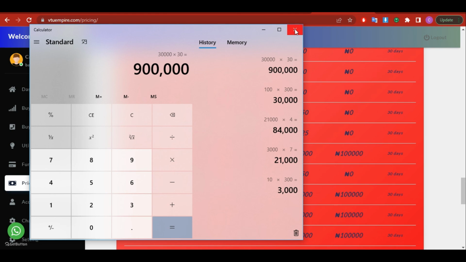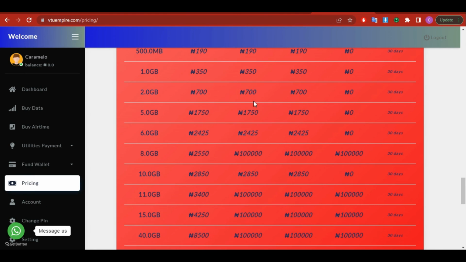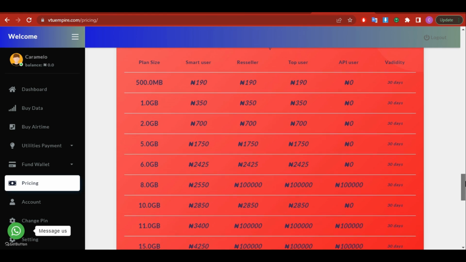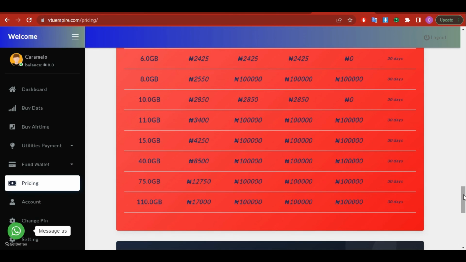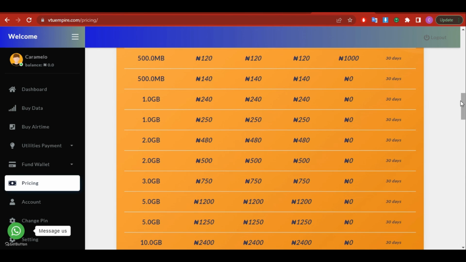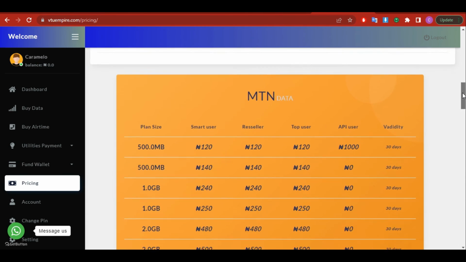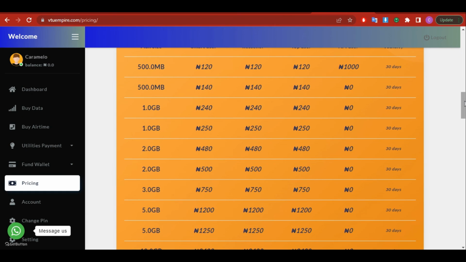So if you'll be making this figure at the comfort of your home, still doing other jobs, let us take advantage of this. Same thing goes for MTN, it's just the same thing.